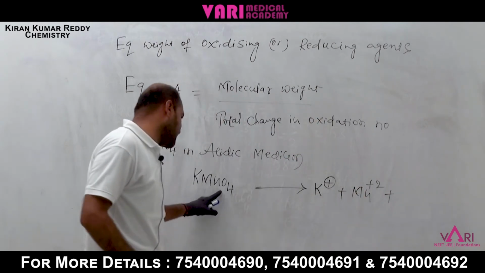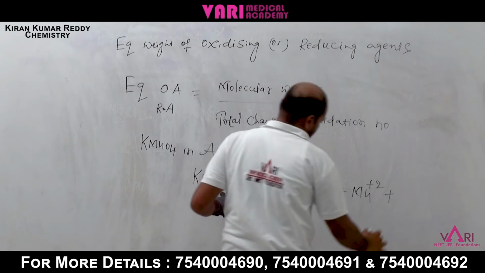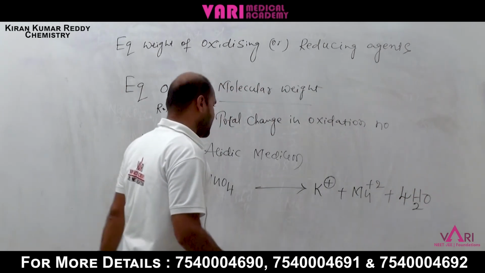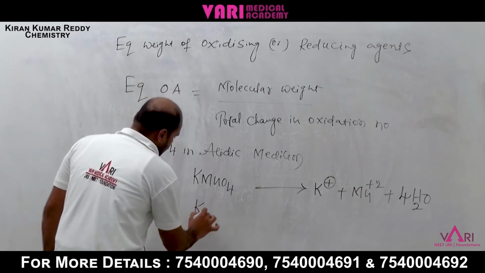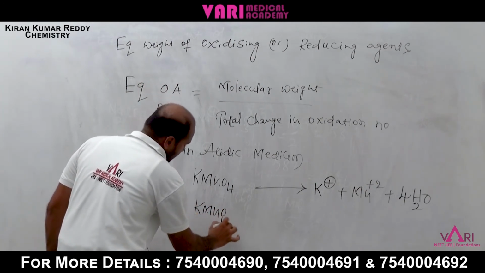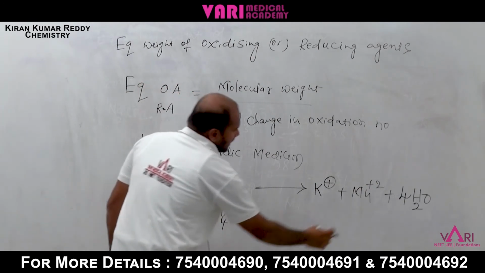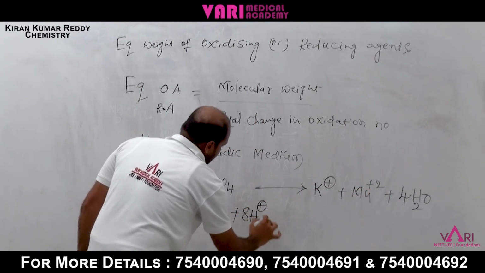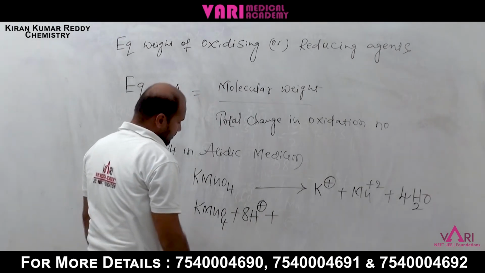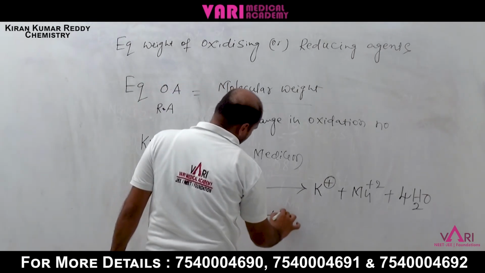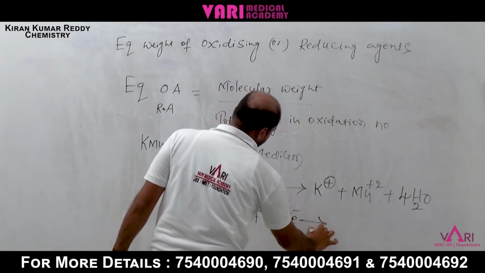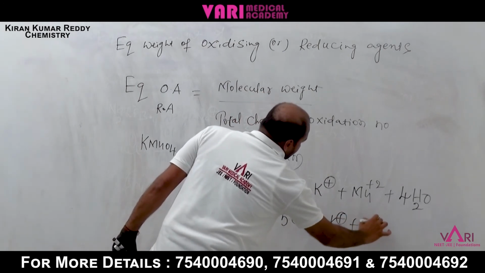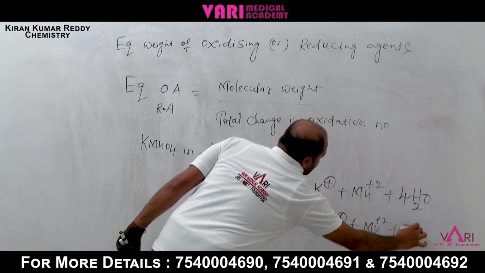How many oxygens are present here? 4, so 4 H2O. We can write KMnO4 plus 8 H plus, since 4 H2O means 8 H plus. How many electrons are added? 5 electrons, that is equal to K plus, Mn2+ and 4 H2O.